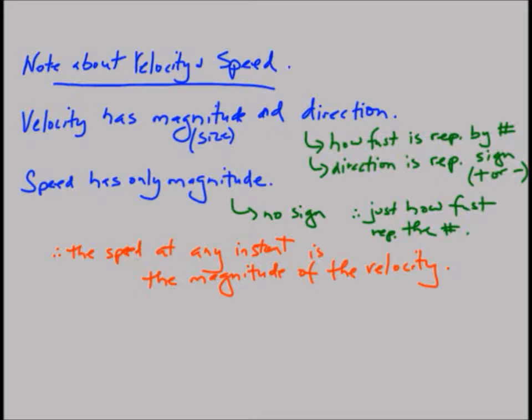That's why these two terms often get mixed up in everyday use. But velocity has direction, in other words, a sign, positive or negative, with it. Speed is just the number. There's no sign. Now, they appear to be the same often. If velocity is positive, then those two numbers will appear to be the same.